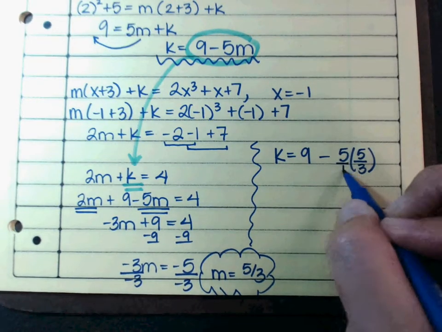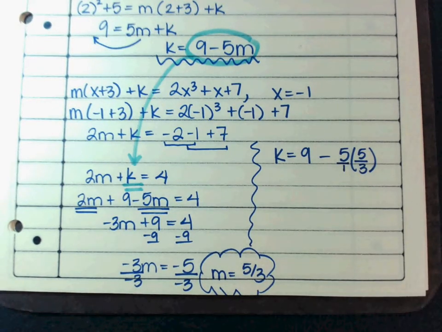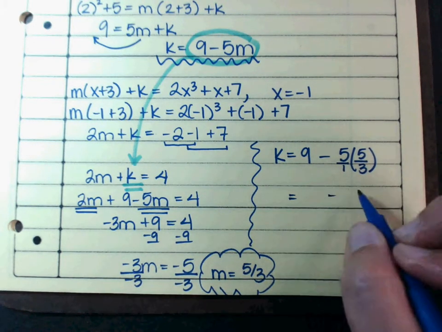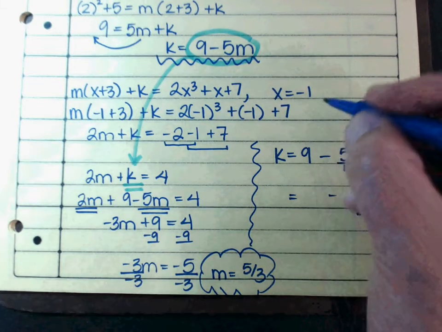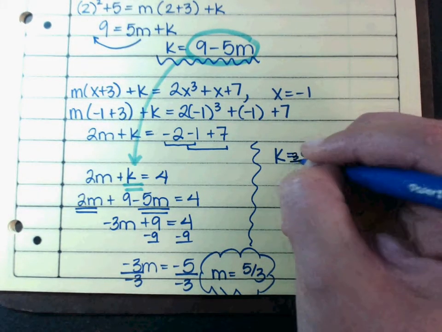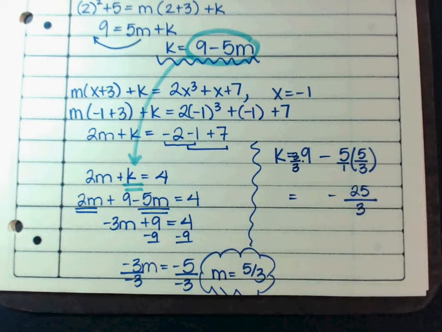So when you are multiplying fractions, how do you do it? Top and top, bottom and bottom. So what is 5 times 5 on top? 25, and then 3 times 1 on bottom? 3. Now we need to get a common denominator. We are going to multiply 9 by 3/3.